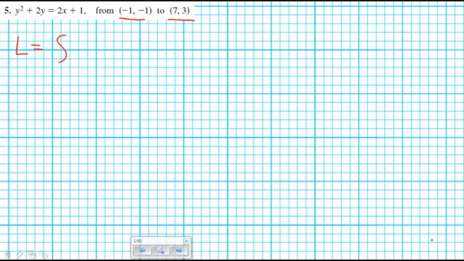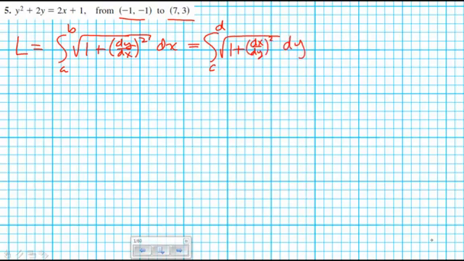Arc length is the integral from a to b of the square root of 1 plus (dy/dx) squared dx, but it's also equal to the integral from c to d of the square root of 1 plus (dx/dy) quantity squared dy. This one is great when y is a function of x. This one is great when x is a function of y.